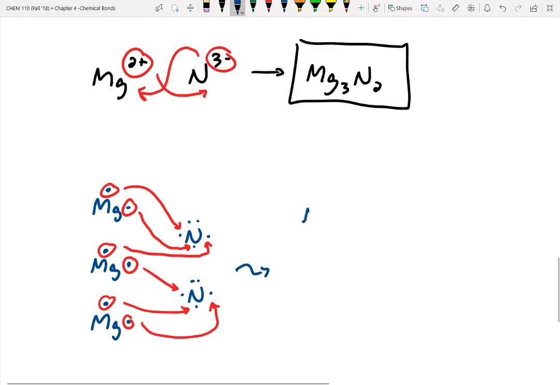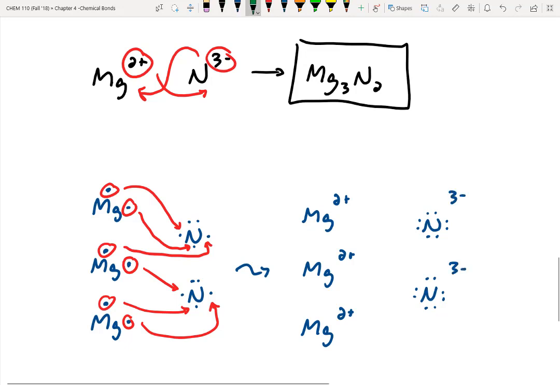But now when we do this, we've got magnesium with the 2 positive charge, specifically 3 of them. And we've got 2 nitrogens, now with a full octet. And each nitrogen took 3 electrons, so it's 3-.